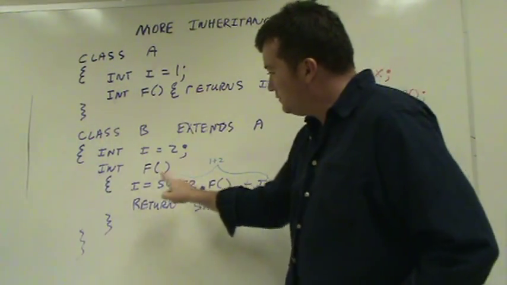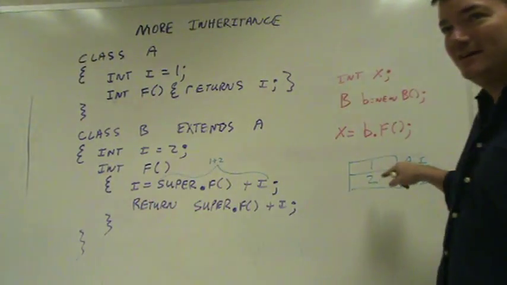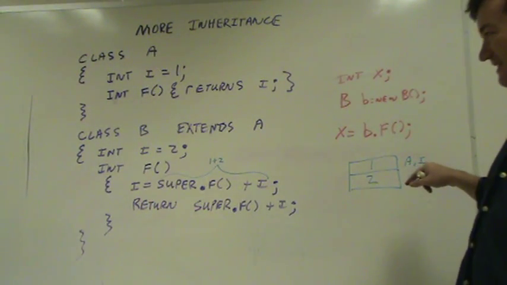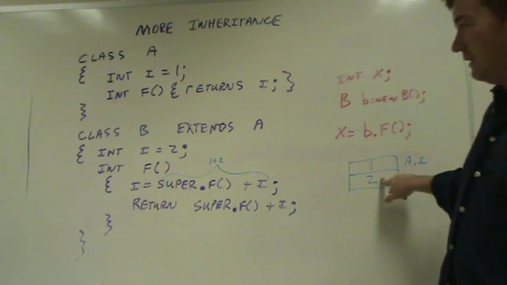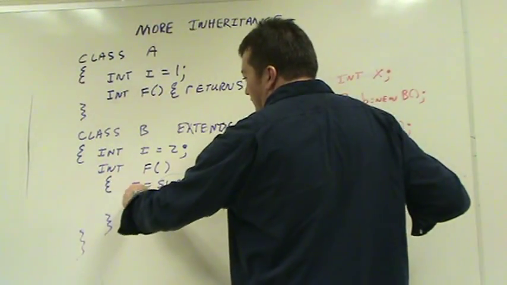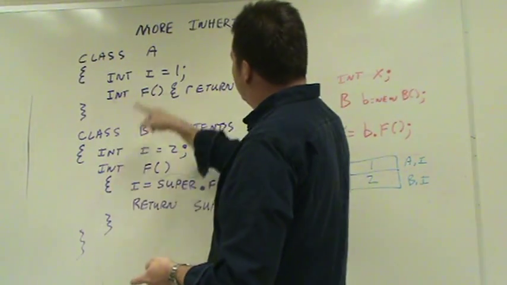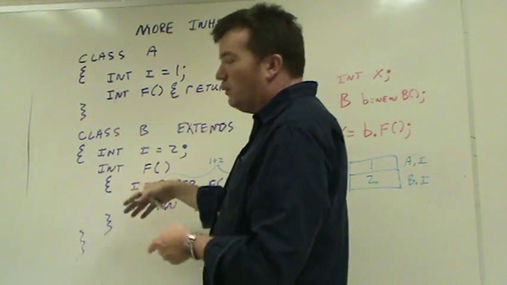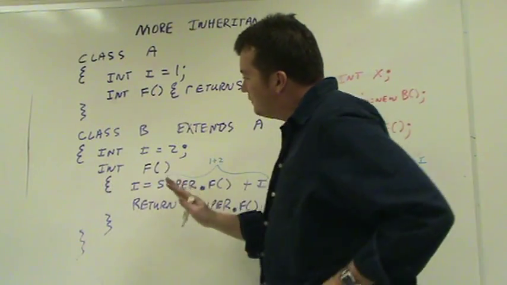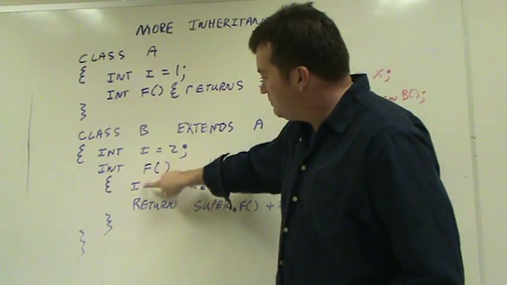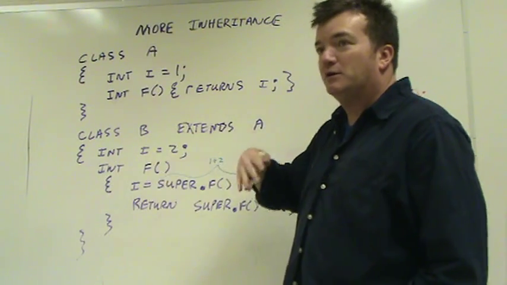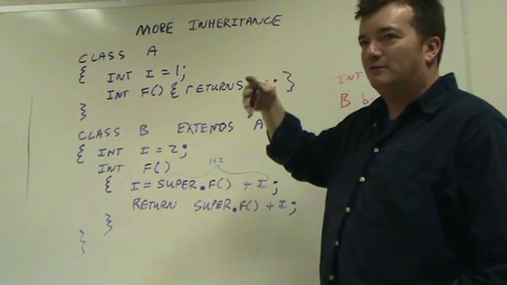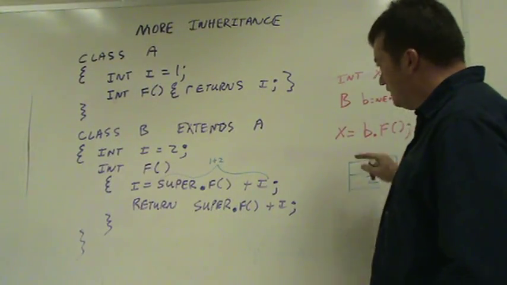It gets written into I, which I? B, the bottom one. Right, because that's really the only one. If we don't cast it to the top type A, it always defaults to B. From B's point of view, I is always the one that B added, unless you explicitly say the super I, or somehow refer to the other one.